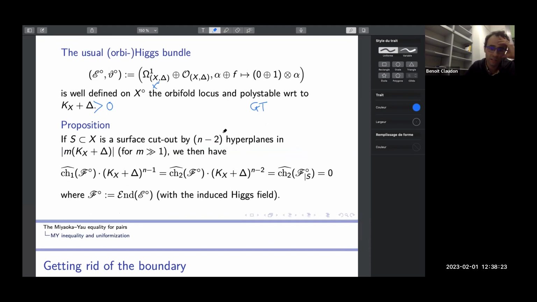Since S is chosen in this linear system, we obviously get that the second Chern character of E naught restricted to S is 0, and here E naught is the endomorphism of this Higgs bundle.